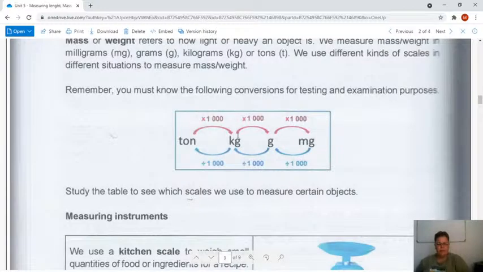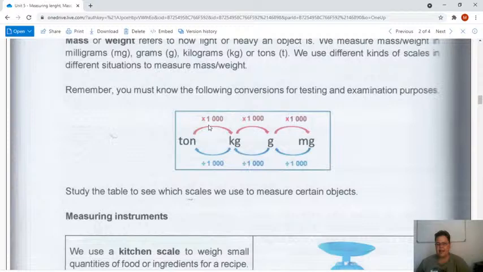Okay, so remember, you must know the following conversions for testing and examinations. I would like all the students to please draw this block in their books. So the first one, I would like you to draw the conversion as well. If you look at this one, it still is 1,000. All three of them is 1,000.